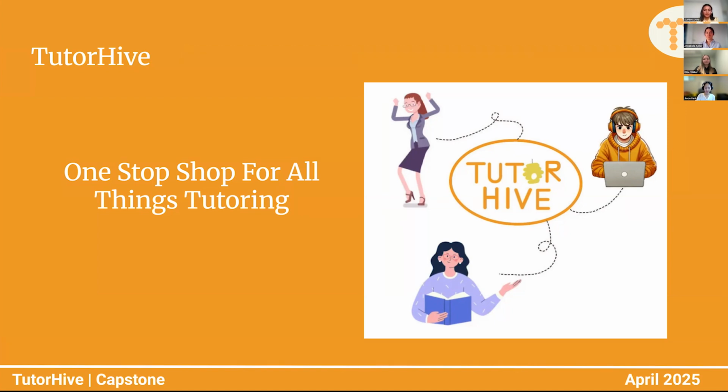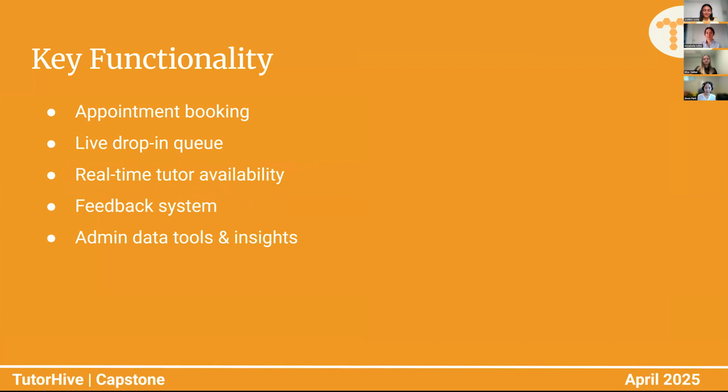Our system puts every user's goal first and designs features to meet them. The goal was to keep things simple, fast, and tailored to each user's needs. TutorHive supports three different roles: students, tutors, and admins, each with their own interface. For students, it's all about getting help quickly.